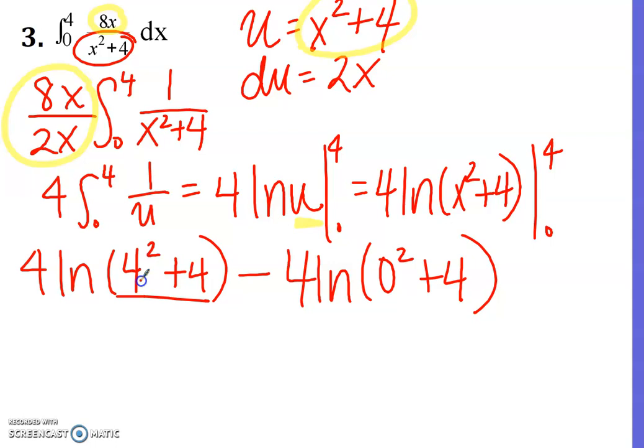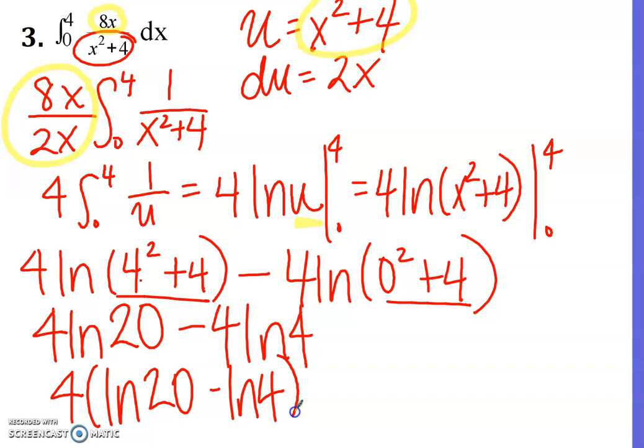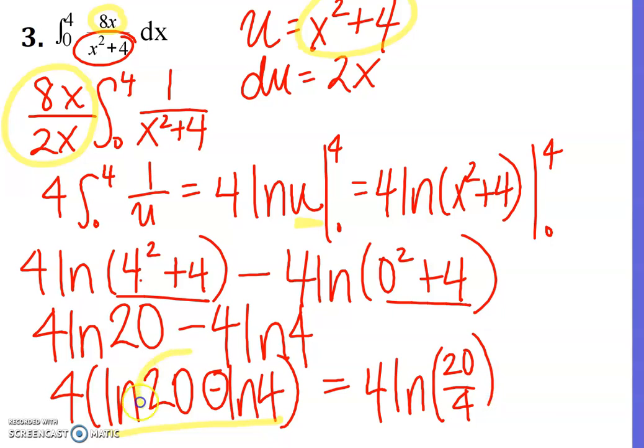This is going to become 16 plus 4, which is 20, minus 4 ln, this is going to become 4. So I'm going to GCF out the 4. And then again, since that's subtraction, I can condense this to a single log by dividing 20 by 4, because we just take what's inside the logs and divide them. And that's 4 ln 5.